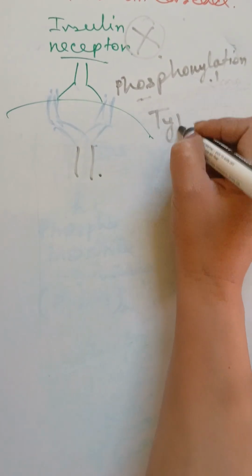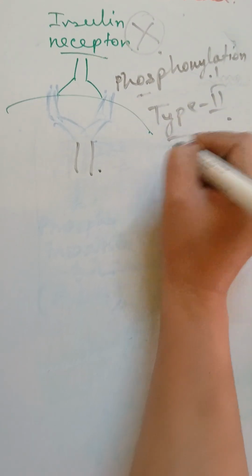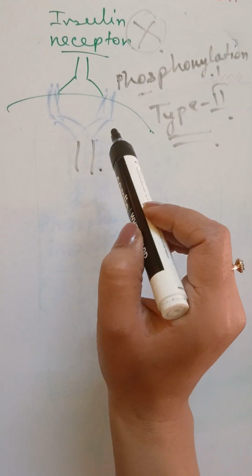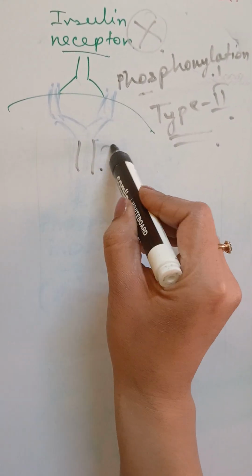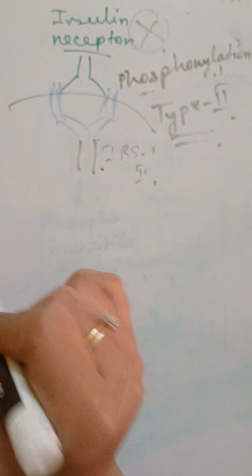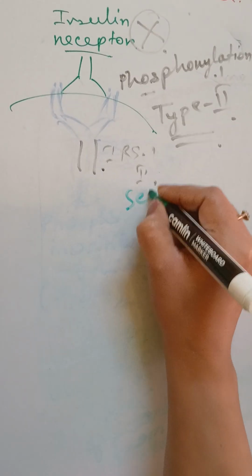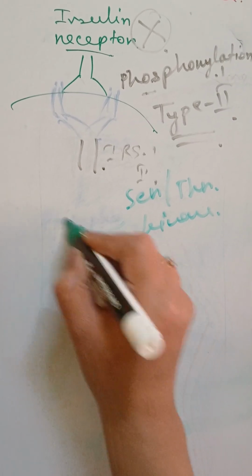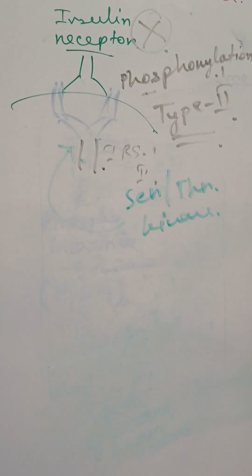But in type 2 diabetes, the insulin receptor cannot bind and activate IRS 1 and 2. But phosphorylation occurs. How? Through another cascade, the serine threonine kinase cascade, which in turn activates this IRS.